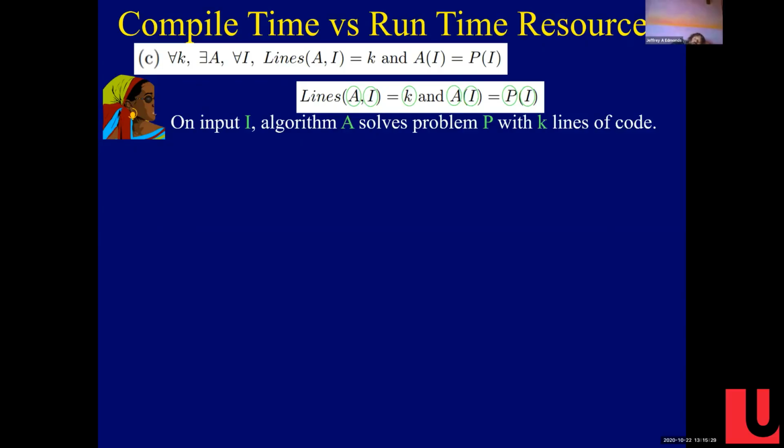I don't even like the word solves. I wrote here A solves P, but solves has a bigger verb to it than I really like. Maybe I should change this to say A happens to give the right answer for problem P on input I, right? It could be that all A is doing is outputting 5 without any thought whatsoever, right? So it comes up with an output for problem P.